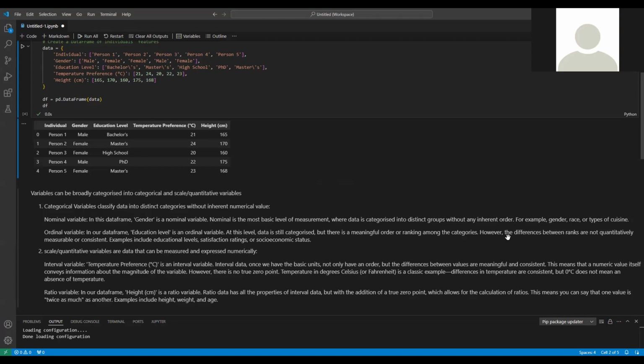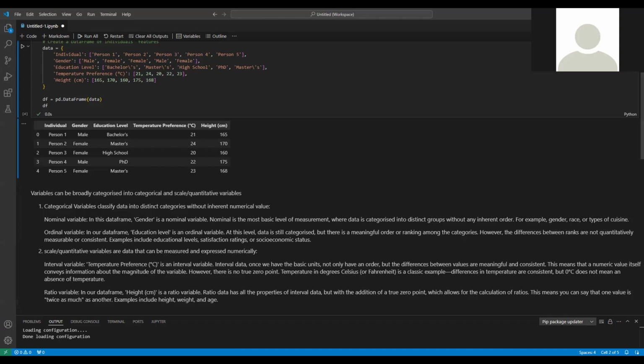However, there's no magnitude of the differences. You can't quantify how much difference there is between a bachelor's degree and a master's degree. So nominal variables and ordinal variables are categorical variables.